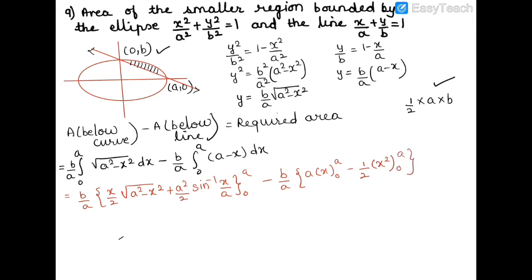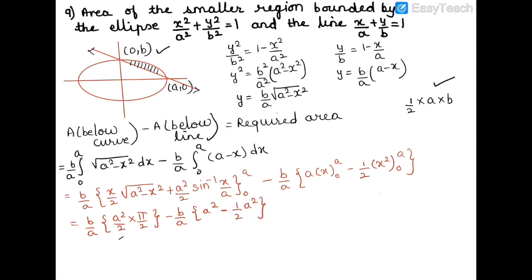If you look into the first part, when I put the upper limit, the first part will become 0 over here, and this will be sine inverse a by a, which is sine inverse 1. So I get b by a, and 0 plus a square by 2, sine inverse 1 is pi by 2, minus b by a, and here I get a minus 0, the upper limit minus the lower limit, that's a square minus half a square.